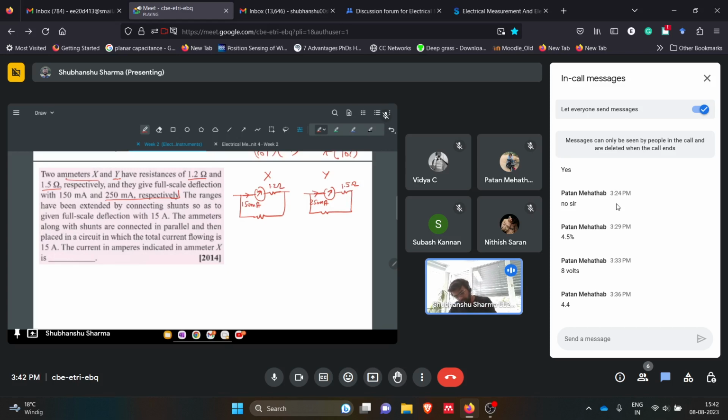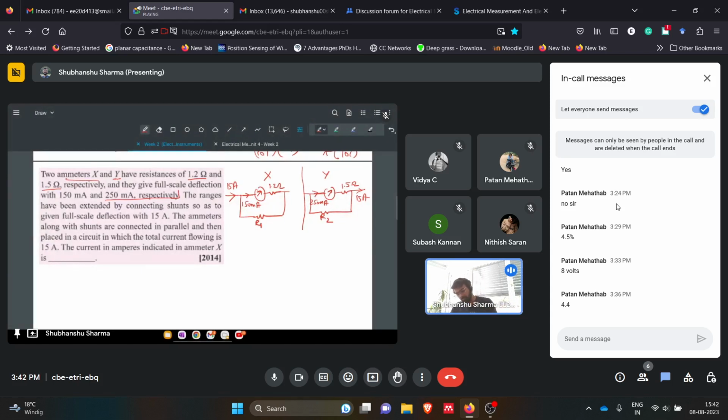The ranges have been extended by connecting shunts so as to give the full scale deflection with 15 ampere. So let's say we added R1 here, and another R2 here. For both the ammeters, the range has been increased to 15 amperes. So this is 15 amperes now, the full scale range. We depict an ammeter like this. After extending the range, the full scale value will be 15 amperes.